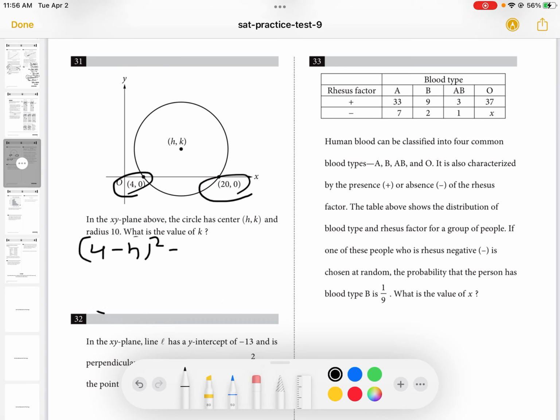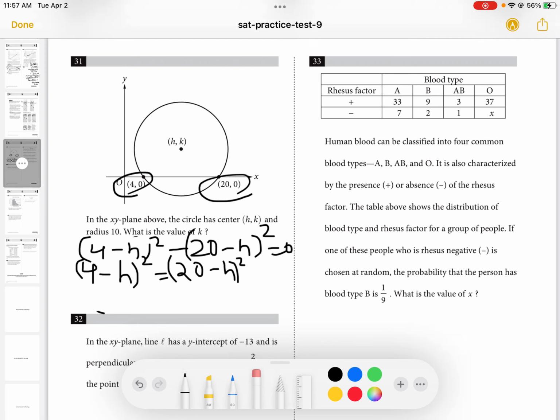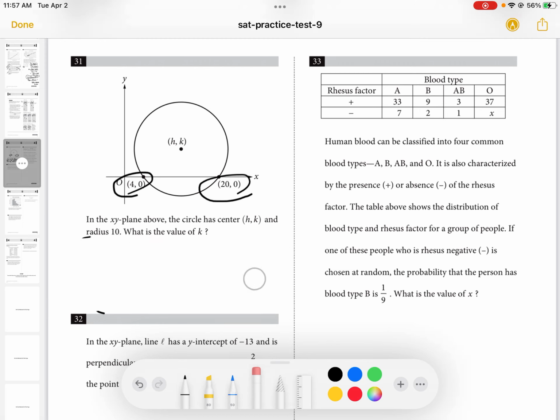That means (4 minus h) squared equals (20 minus h) squared. So if that's the same, then when we take the square root of both sides, we get plus or minus (4 minus h) equals plus or minus (20 minus h).